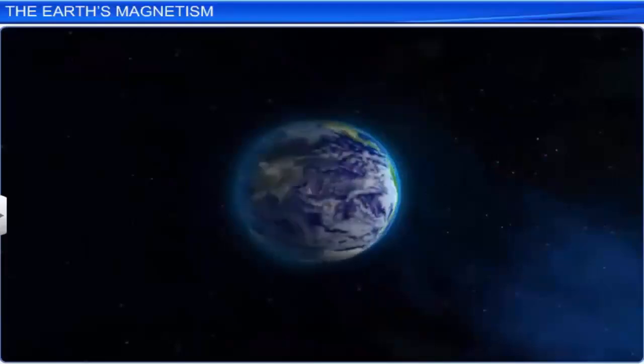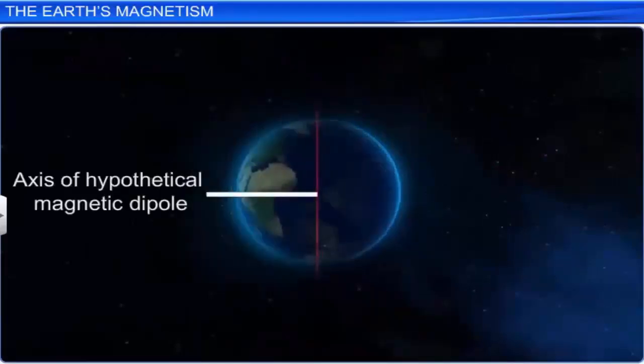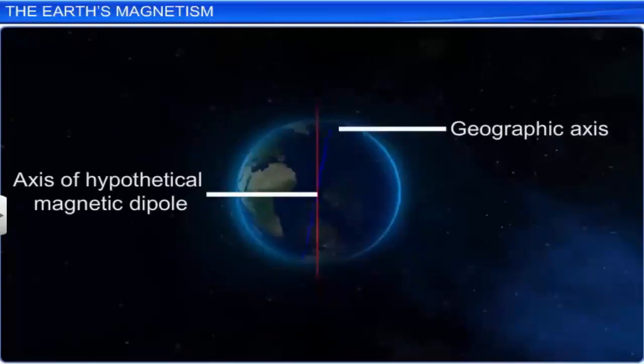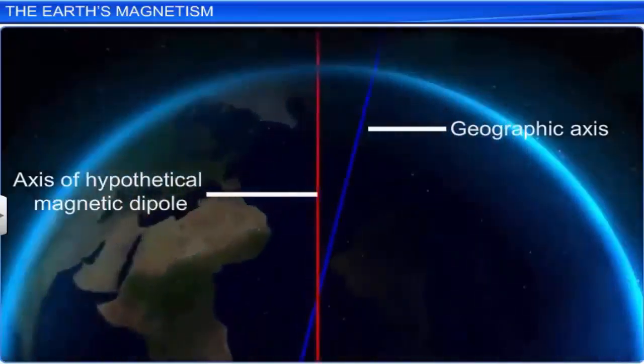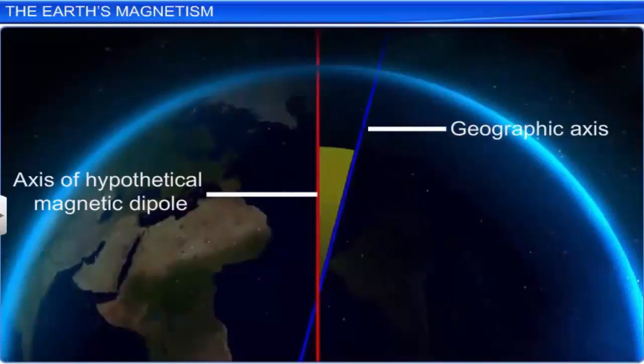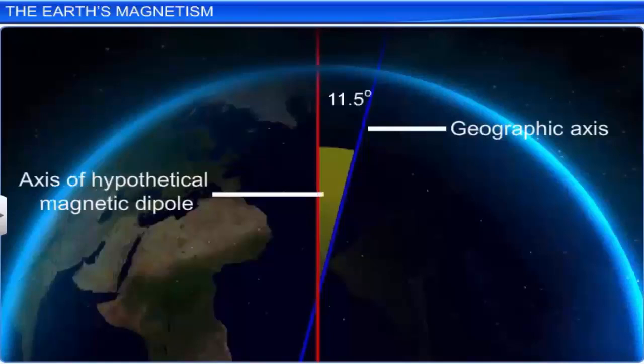However, the axis of the hypothetical magnetic dipole does not coincide with the geographic axis of the Earth, about which it rotates. The angle between the axis of the dipole and the geographic axis of the Earth is approximately 11.5 degrees.